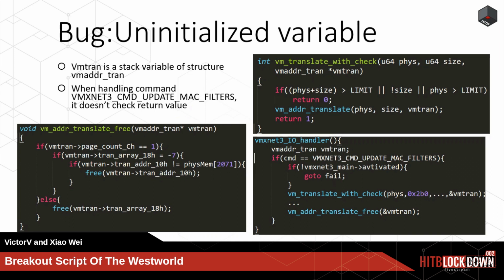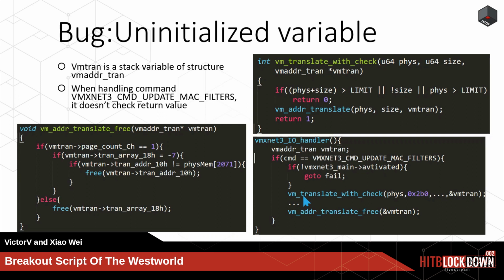Let's see this translate function. If the sum of offset and size is bigger than the limit, it will return 0 without resetting the data of this variable. And in the VMware handler, it calls this function without checking the function's result.